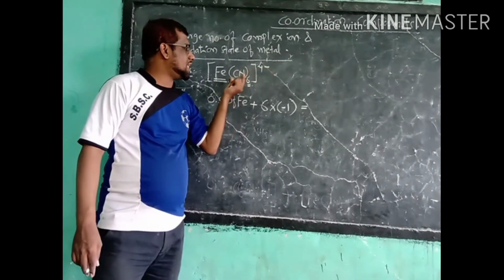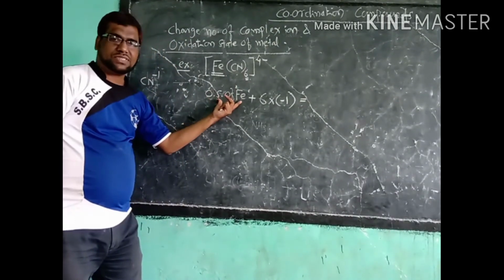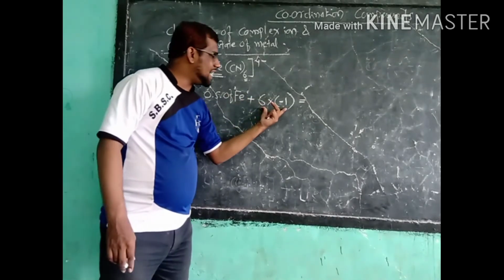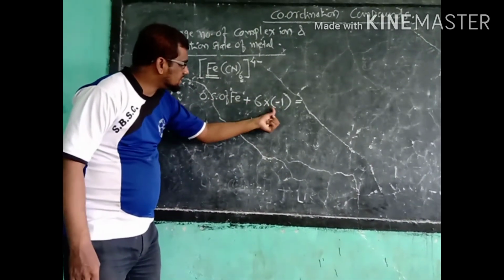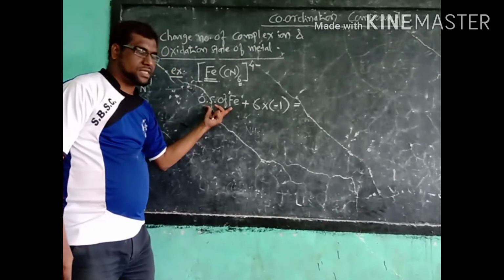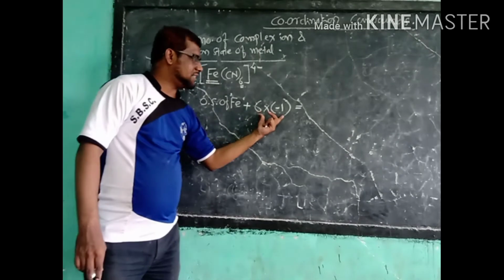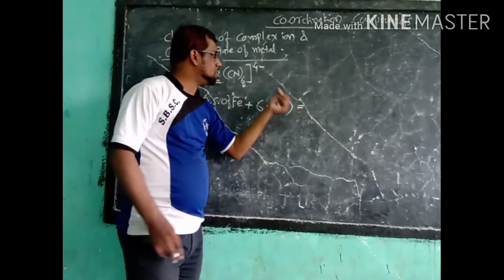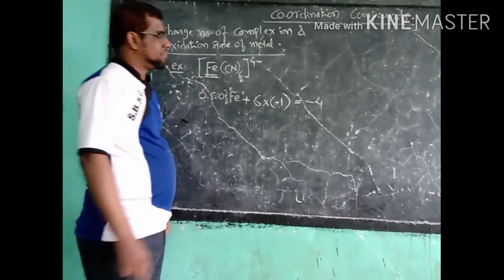It is nothing but the algebraic sum of the oxidation state of the central metal ion and the charge present on the ligands. So the oxidation state of Fe which we have to determine, plus the algebraic sum of the charge on the ligands, is equal to the total net charge, that is -4.